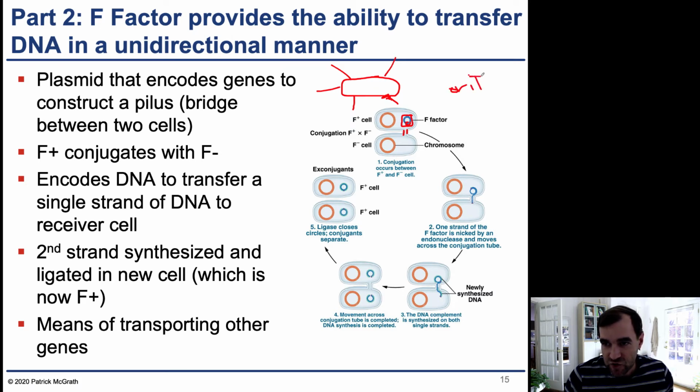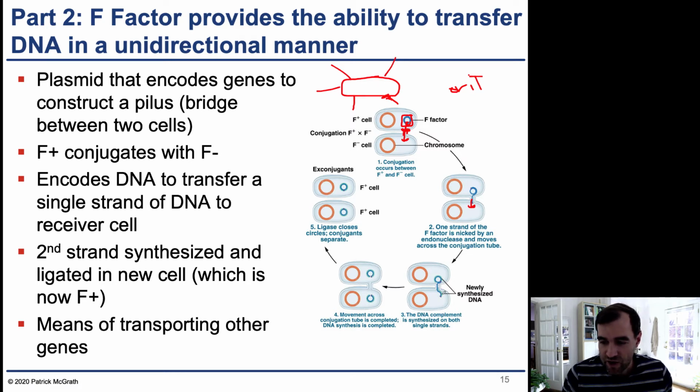This origin of transfer is recognized by proteins at the base of the pili, and it's able to funnel the DNA into the other cell. It's not actually both strands of the plasmid. You have a nick that occurs, and then one of the two strands of the plasmid is moved across the conjugation tube.